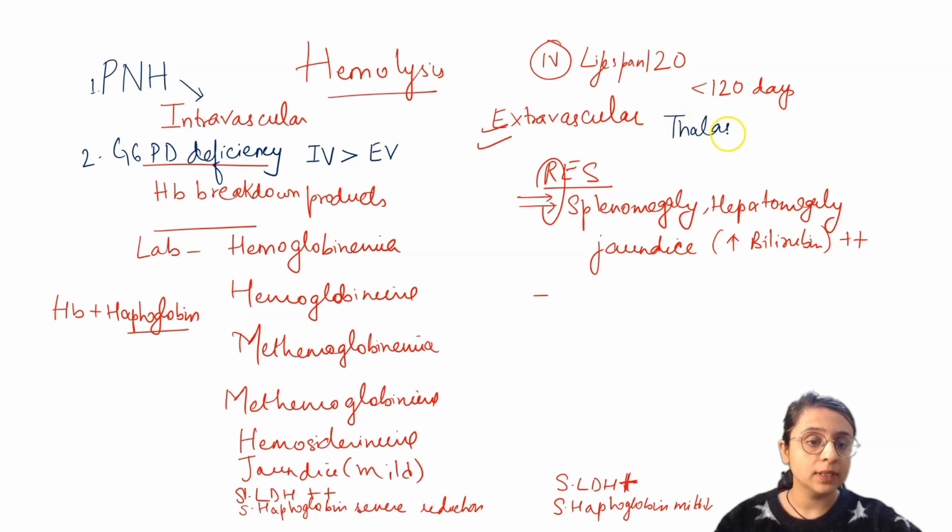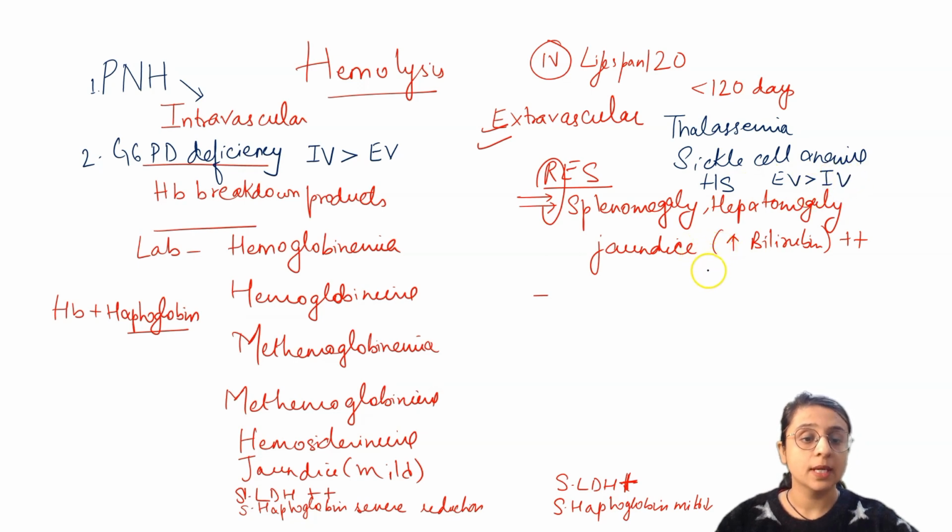Yes, very important, thalassemia, which we'll be studying next, sickle cell anemia, hereditary spherocytosis may show both, but extravascular is much more than intravascular hemolysis. Then autoimmune hemolytic anemia. So I hope you understand which are the important causes of intravascular hemolysis: G6PD deficiency and PNH, whereas extravascular hemolysis, thalassemia, sickle cell anemia, hereditary spherocytosis, autoimmune hemolytic anemia.